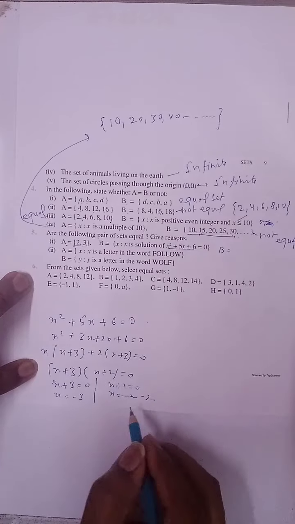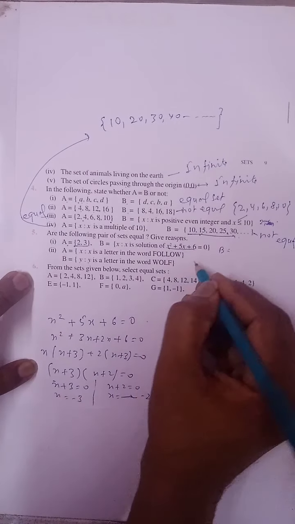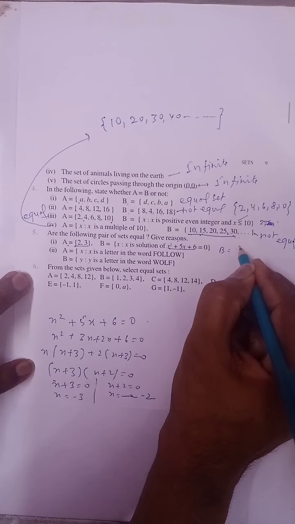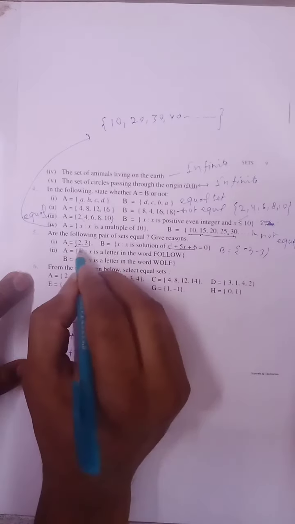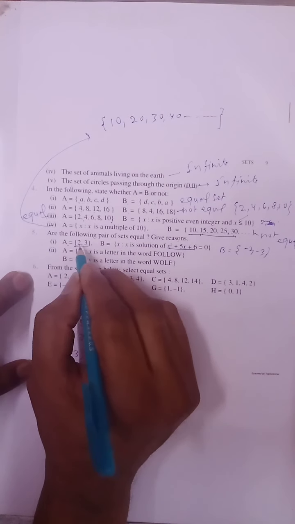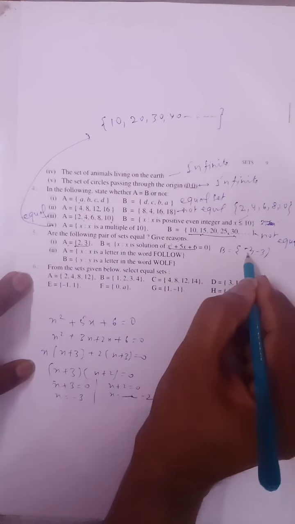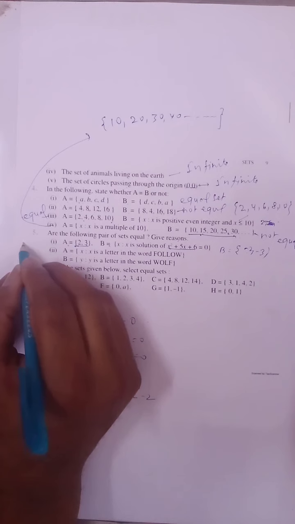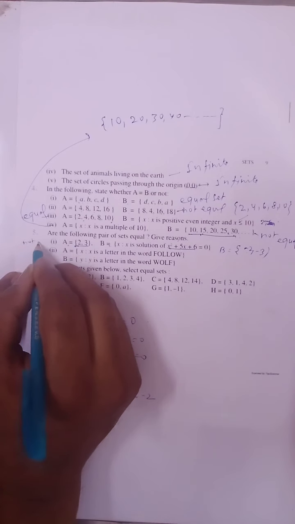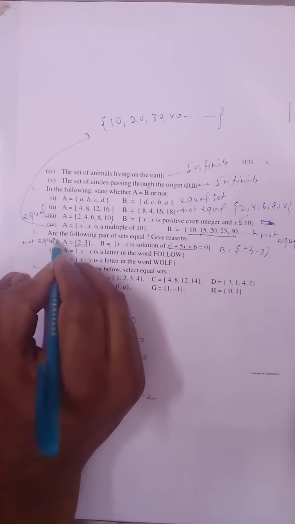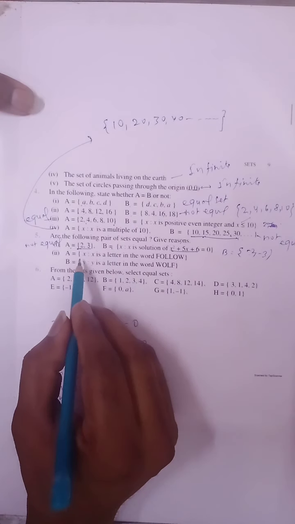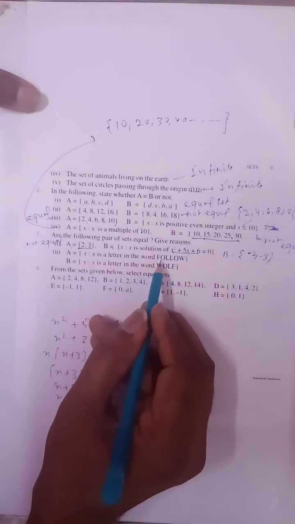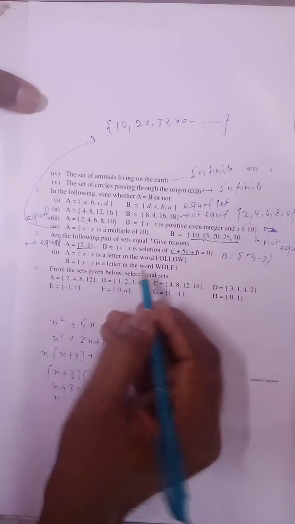So here this is minus 2, minus 3. So they are not equal. In A, 2 and 3 are coming, and the B set is minus 2, minus 3. So they are not equal. First part not equal. Okay, and for the second part, A is the set of letters in the word follow, and B is this.